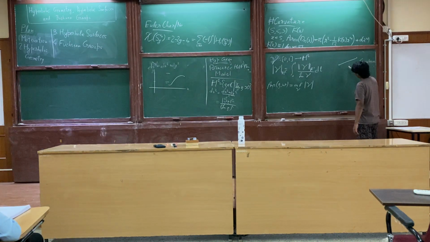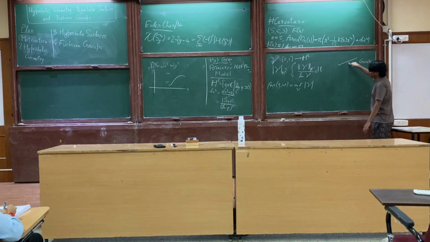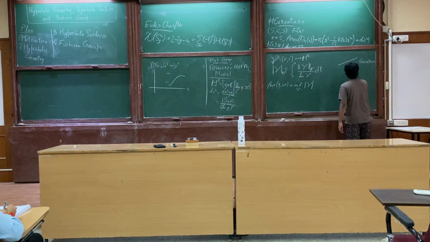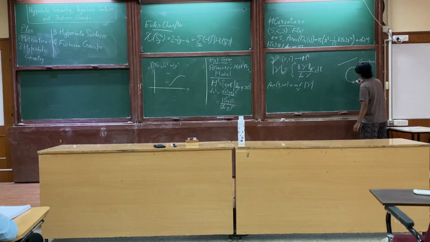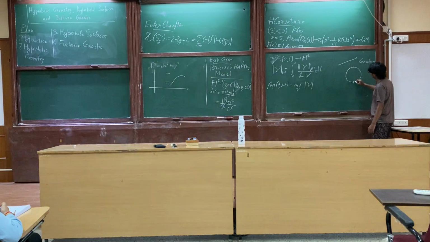So what are geodesics? Our geodesic between 2 points is a curve, piecewise smooth, that has the shortest length. But it need not be unique. For example, if you take the circle, then between any two diametrically opposite points with the usual metric, of course, both this and this will be a geodesic.